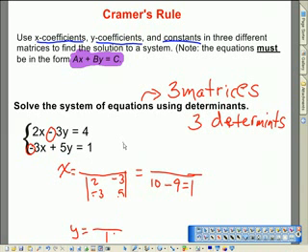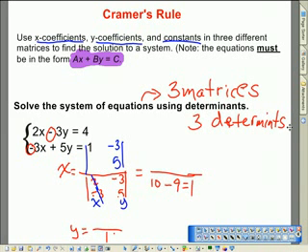Define the variable of x. We look at our original 2 by 2 matrix we had here on the bottom. This side are the x coefficient, this side are the y coefficient. To find the x coordinate, we're not going to use these x coefficients. We'll still use the y's, so these can go up here. But instead of using the x coefficients, we're going to put the constants in their place.